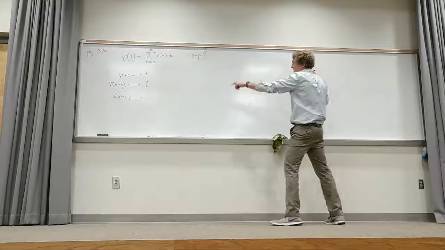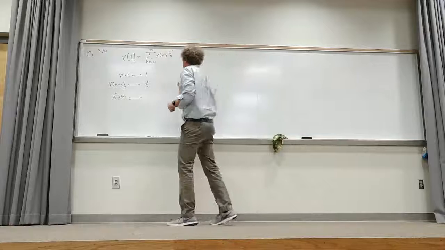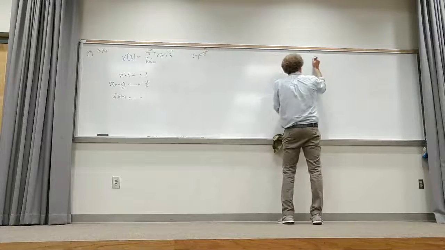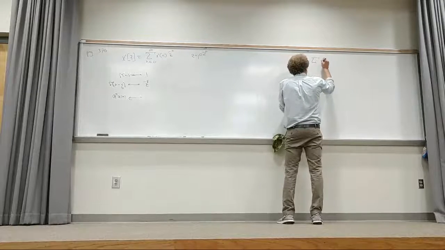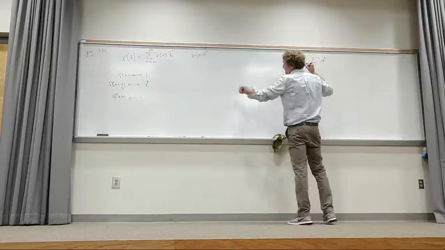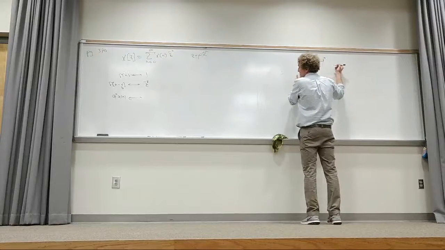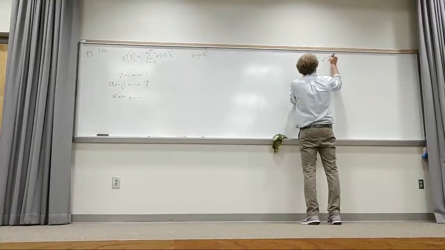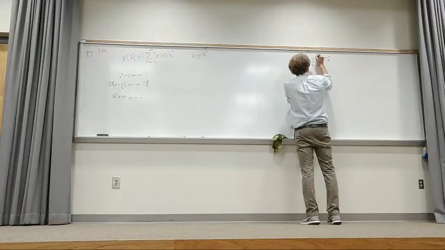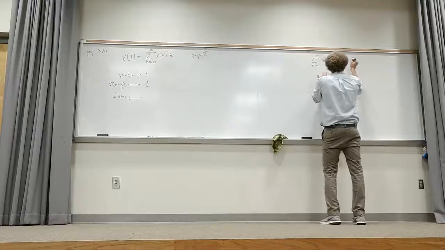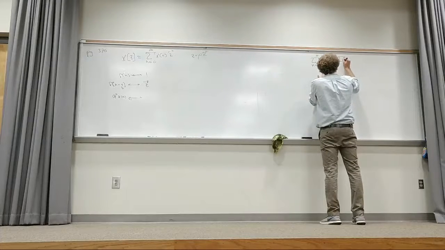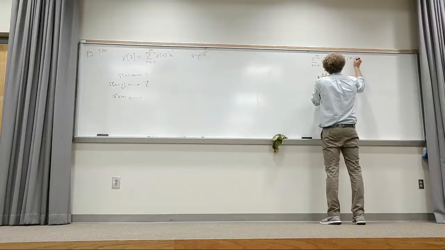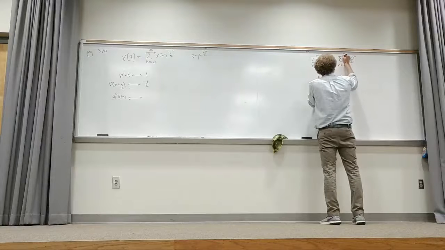If I have a to the n u of n as my x of n, then this thing becomes what? The summation of a to the n, since it starts at n equals 0, we just let our count start where it's supposed to, at 0, times z to the minus n, from 0 to infinity. That's really the summation of a over z to the n, n equals 0 to infinity.